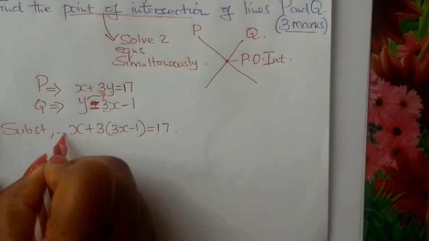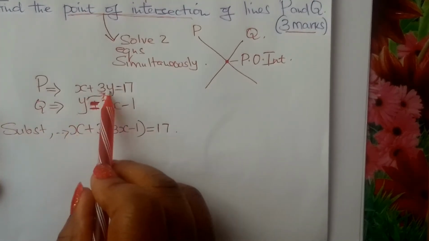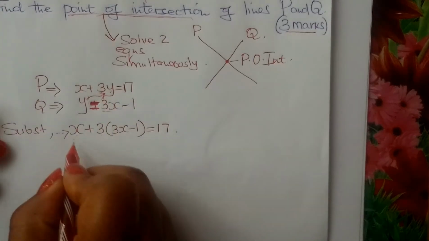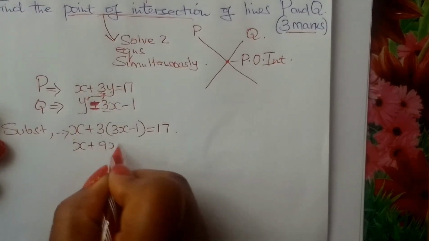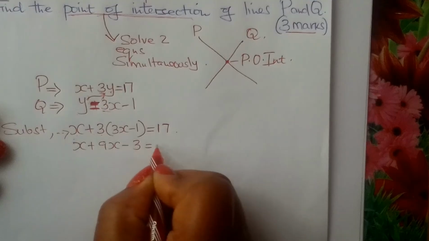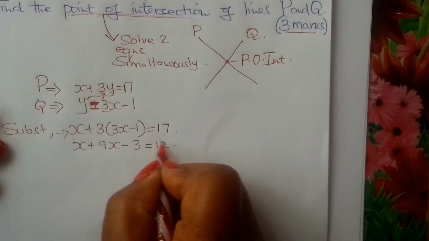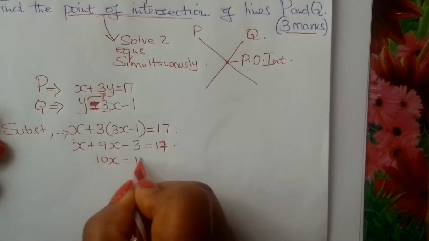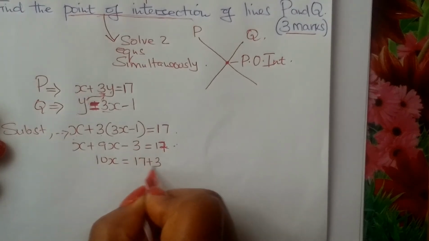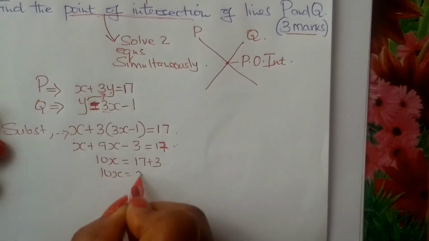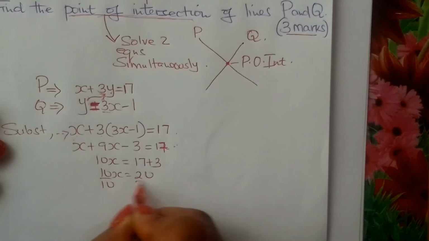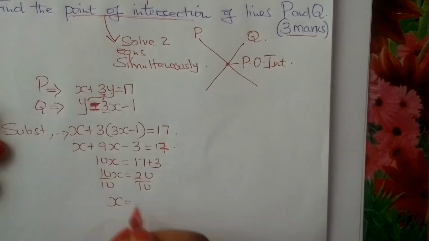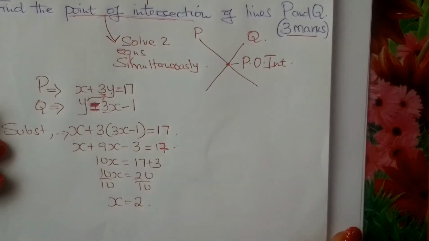We have substituted y in the first equation, and therefore you remove the brackets. This is 9x minus 3, so x plus 9x minus 3 equals 17, and therefore 10x minus 3 equals 17. Take this to the other side, plus 3. 10x equals 20, and therefore divide by 10, your x, Lana, is 2, the x of the point of intersection.